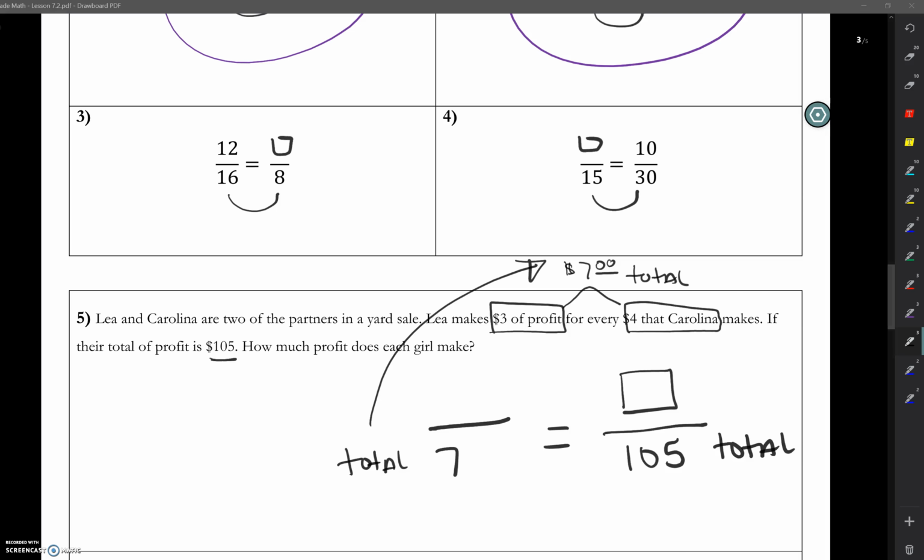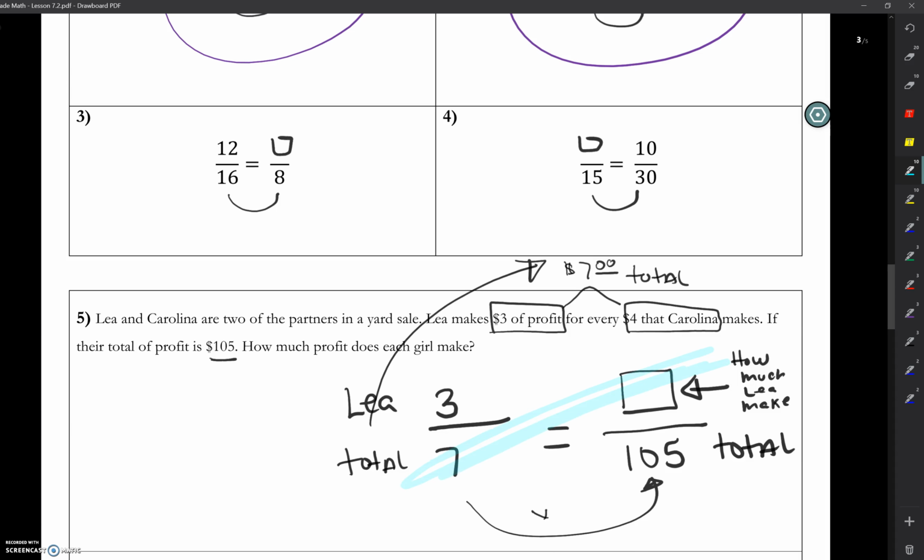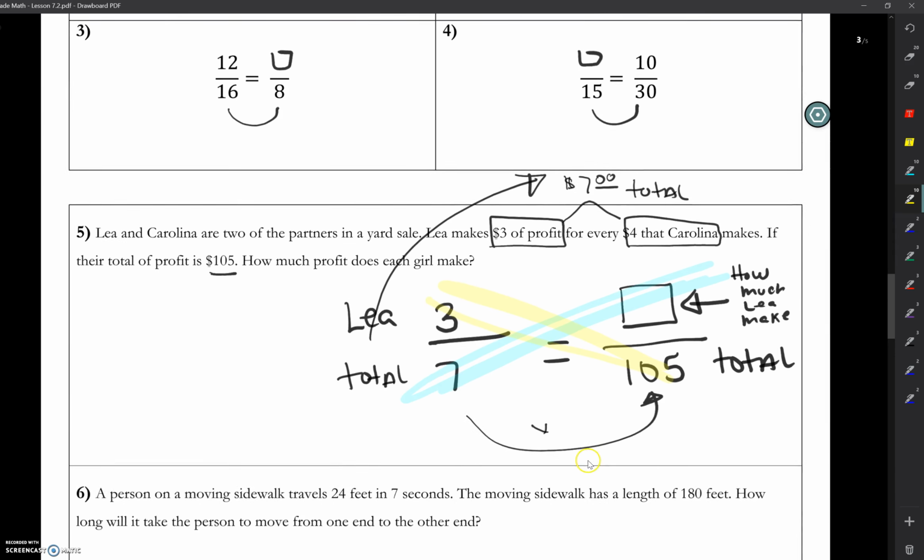I don't know, or Leah. Put Leah's 3 here. Then this will tell you how much Leah makes. So it's not as easy to multiply this way and figure out. It's not as mental. So I would have to cross multiply. I'd have to do 7 times a box, and then I would have to do 3 times 105.